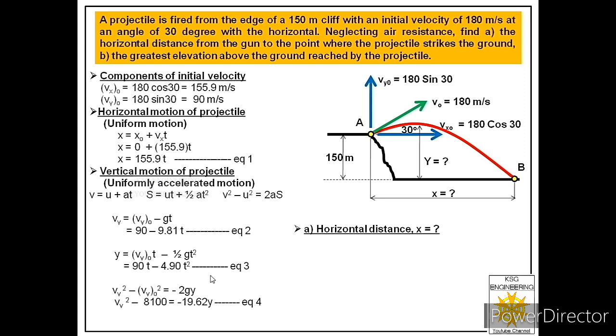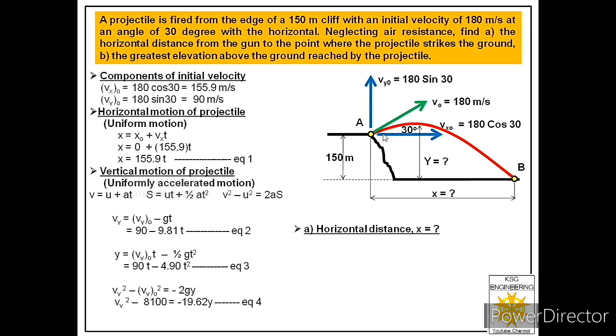Now we have to see equation number 3. In equation number 3, we have two values y and t. T we have to find, and we know value of y for the trajectory of this projectile.